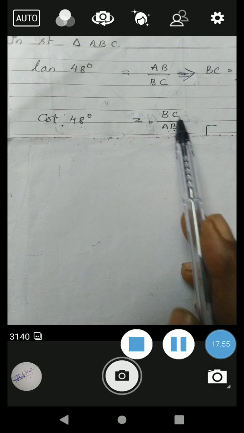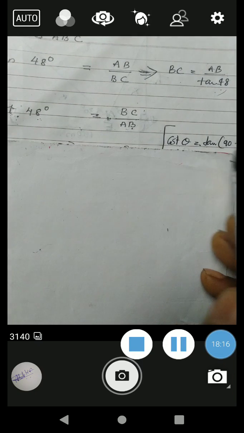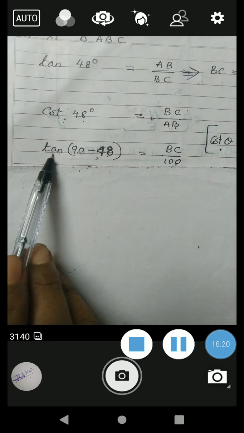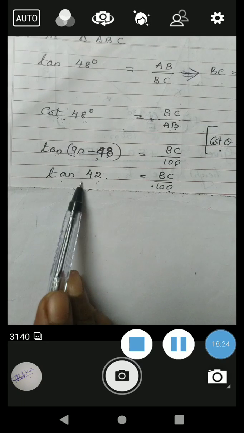Cot 48 is BC by AB, and at this time the value of cot 48 is not given in your class table, so you have to convert this cot 48 in terms of tan. We have already learned cot theta is equal to tan 90 minus theta, right? Therefore, cot 48 can be written as tan 90 minus 48. Therefore, tan 90 minus 48 is tan 42.